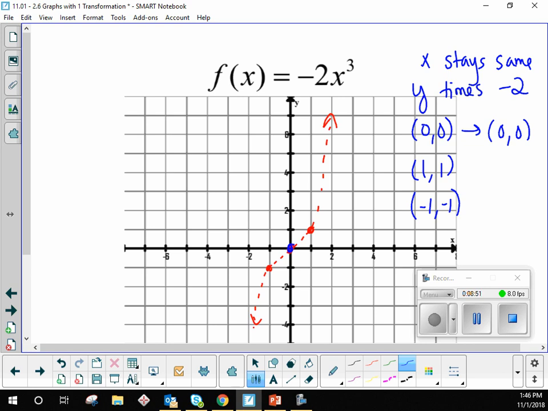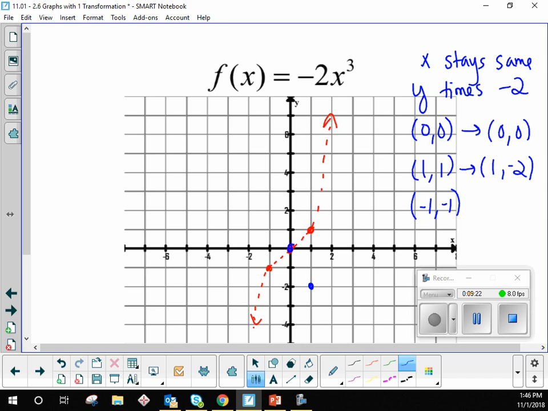For 1, 1, x stays the same, but the y times the negative 2 is now negative 2. That's both a stretch by 2 and a reflection that's negative. So this point 1, 1 now becomes 1, negative 2. It reflects over the x-axis and is stretched because the value is doubled. And then same thing for that third point.